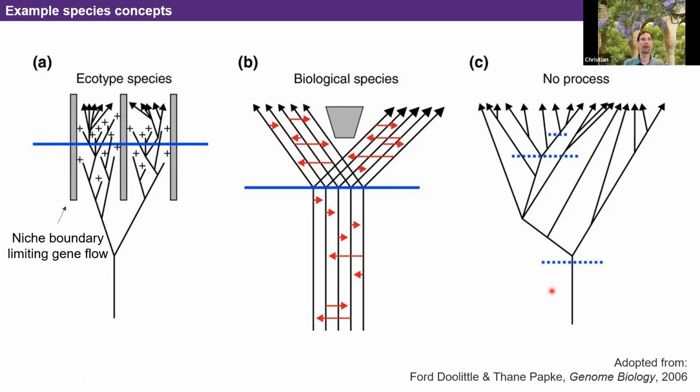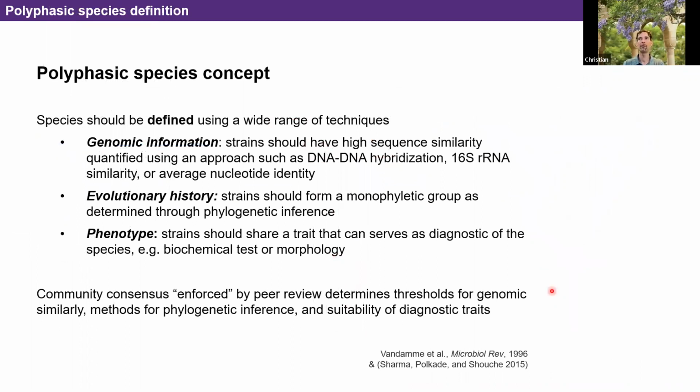Where have we landed then after, I would say, decades of discussions? Let's say in the 21st century, what's mostly accepted is a polyphasic species concept. What that means is that you use a wide range of techniques to define a species. I listed three common ones here.